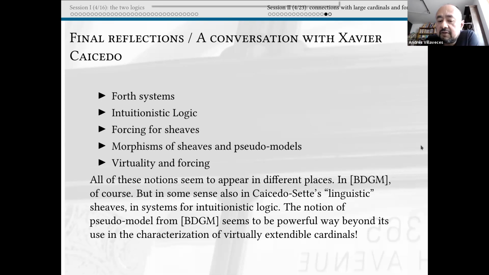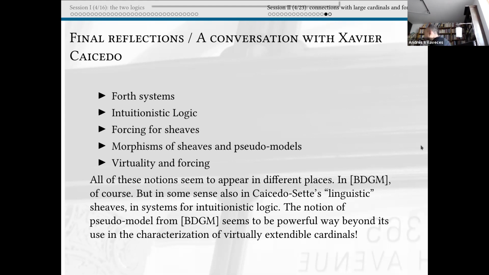All of these notions seem to appear in different places, and in BDGM, of course, but also in a paper by Caicedo and Sette from the 1990s, on linguistic sheaves, and they also have forcing systems used for different reasons. And the notion of a pseudo model from here seems to be a powerful way beyond its use in the characterization of virtually extendable cardinals.